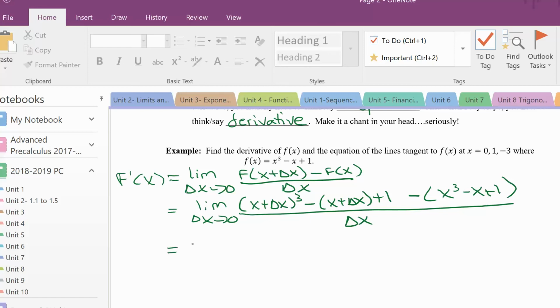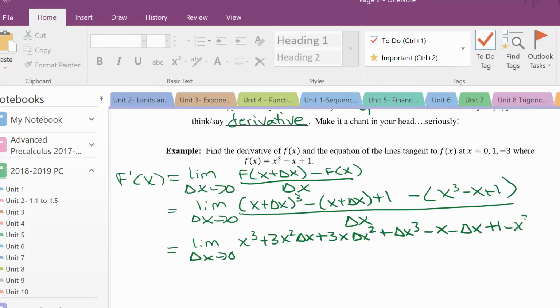So when you multiply this out, you get x to the third plus 3x squared delta x plus 3x delta x squared plus delta x to the third, and then distribute the negative, so you get minus x minus delta x plus 1 minus x to the third plus x minus 1 all over delta x.